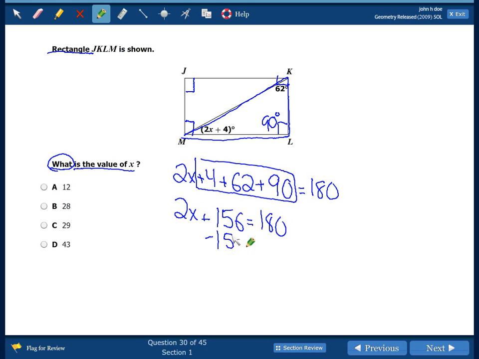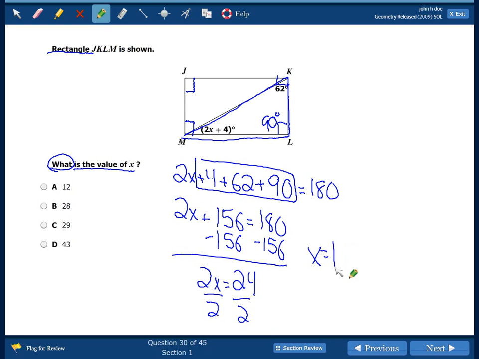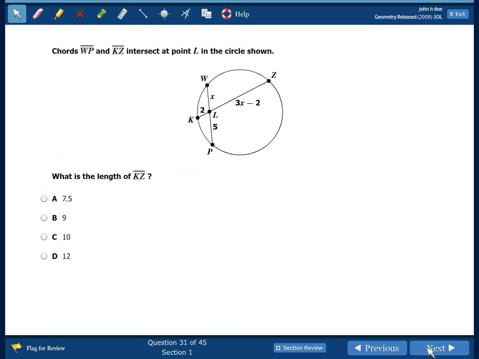We subtract 156 from each side. So 2x is going to equal 24. When we divide by 2, x will equal 12. And that is letter A. So again, make sure we're finding the right thing. We underlined the problem. It said find the value of x, and that's just what we did.